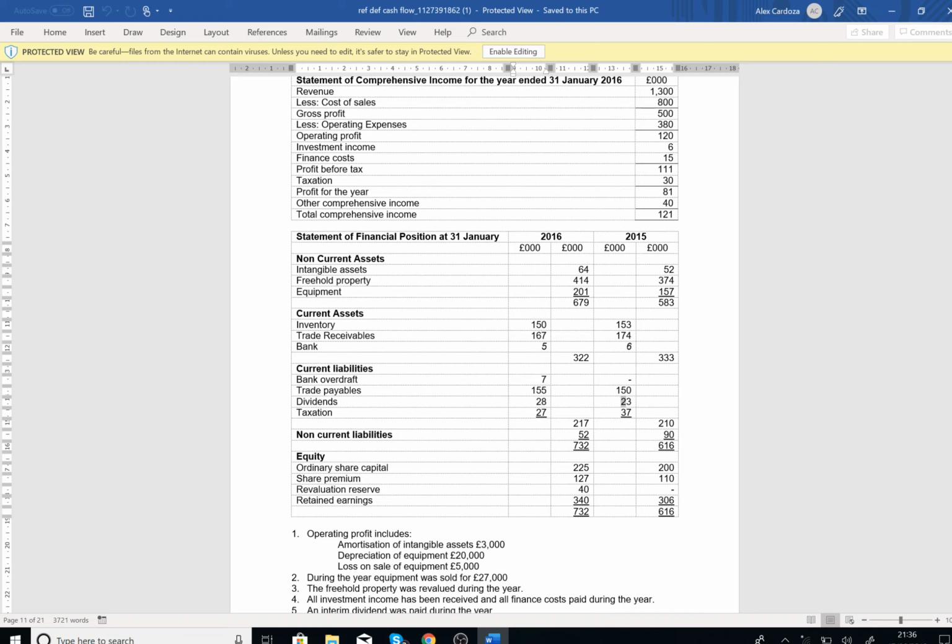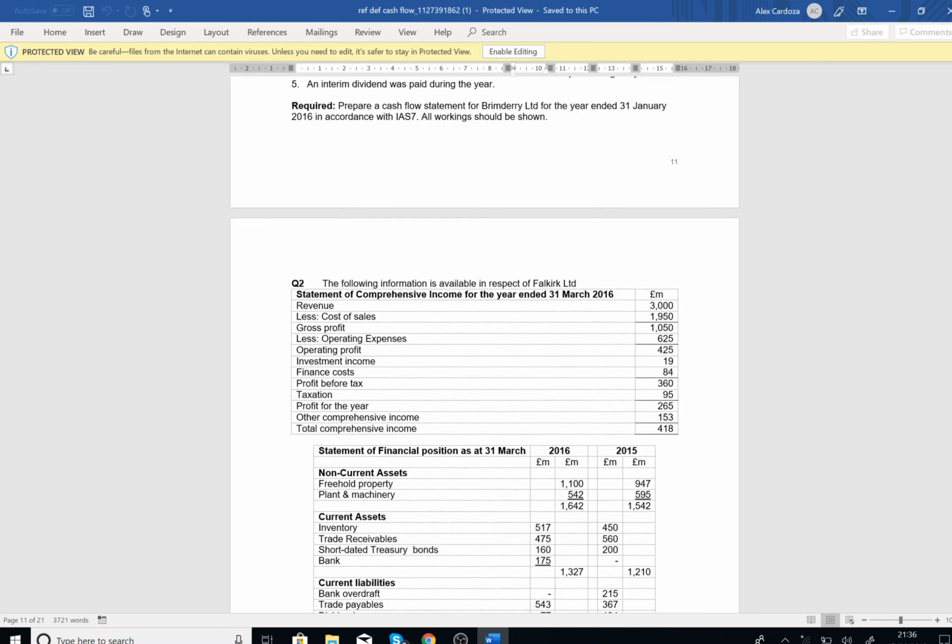You already owed this 23, which you've paid, but you now owe 28, and the difference between the two is 5. So you need to reduce the dividend paid amount because you're still going to pay a bit more, but later on. So you take the difference of 28 and 23, and you minus it from your dividend amount, giving you 42. And that is the dividends that you've paid.